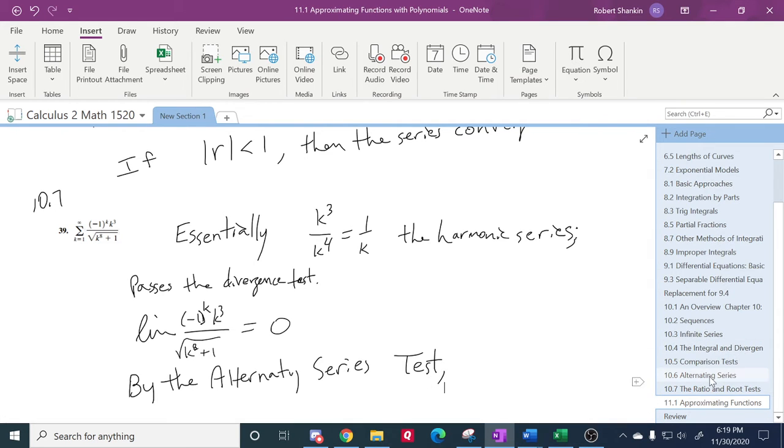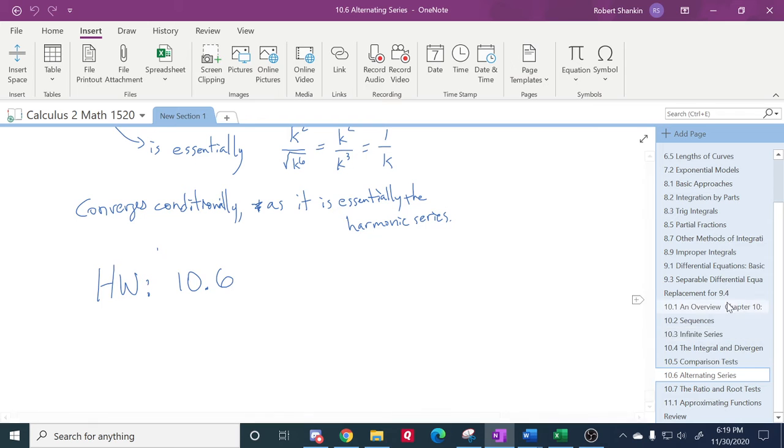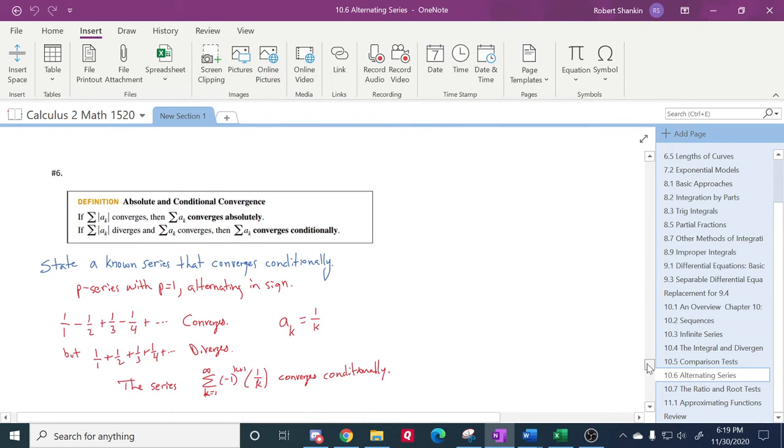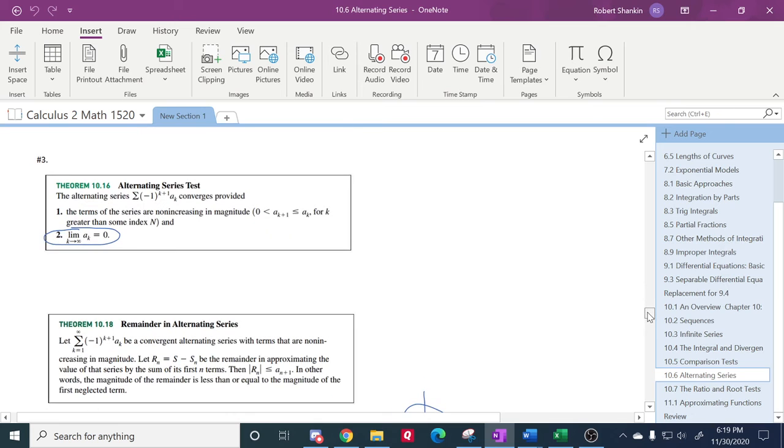Now the alternating series test, there it is, alternating series. There's this one condition, but the main thing is this one.